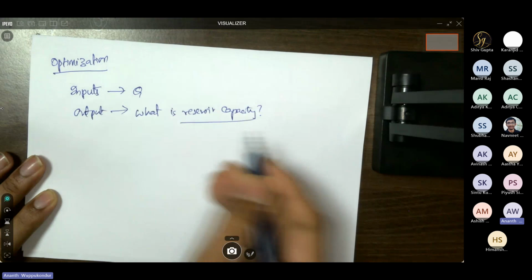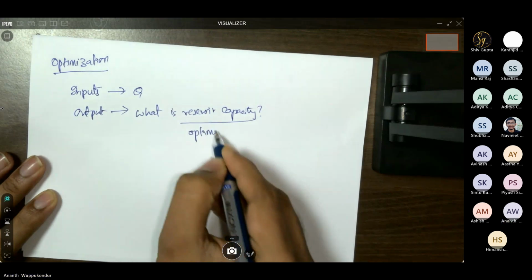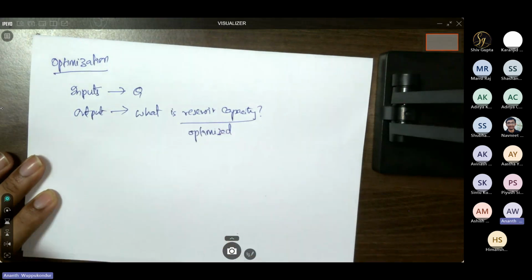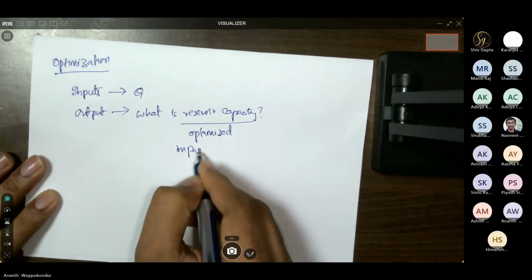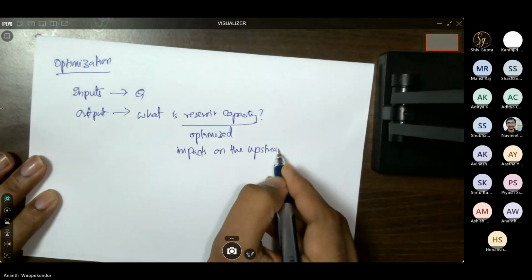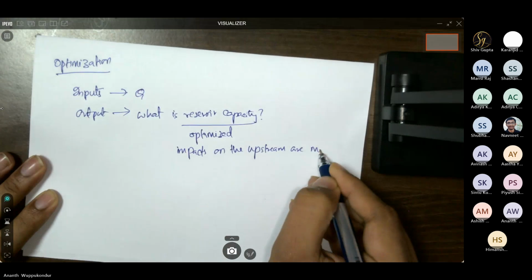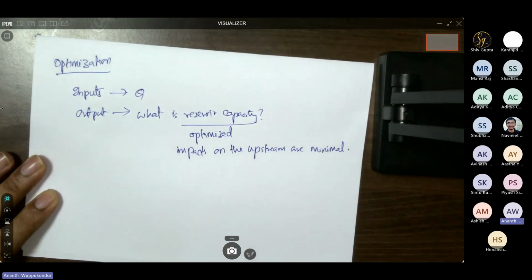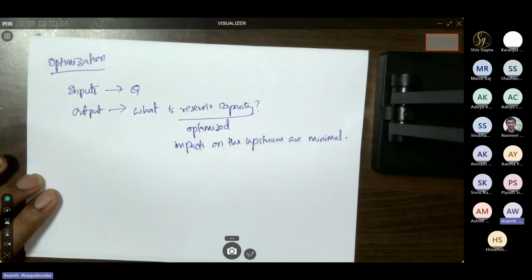The reservoir capacity should be optimized so that the impacts on the upstream are minimal. Now, how do we do this optimization?